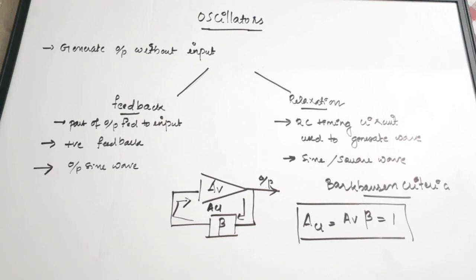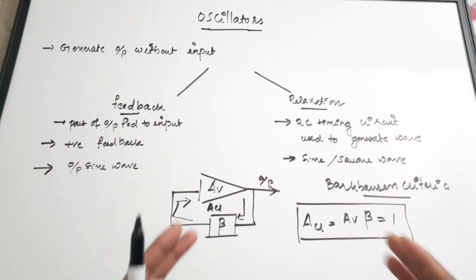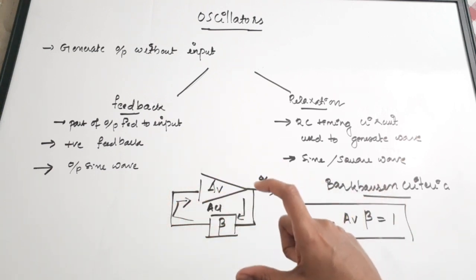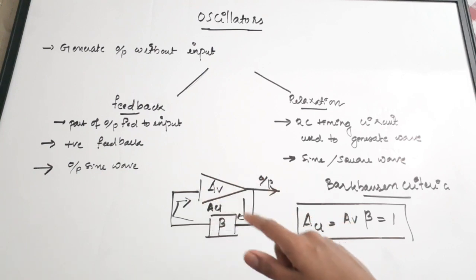So this is the basics of oscillators. Just know that oscillators are devices which give output without any input signal. The broad classification is feedback type oscillators and relaxation oscillators, and a feedback type oscillator has a very basic structure like this: an amplifier and a feedback circuit.